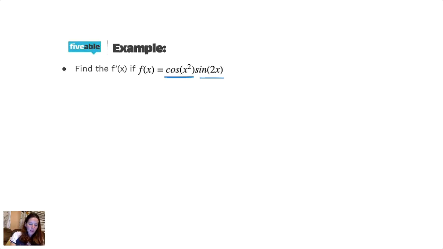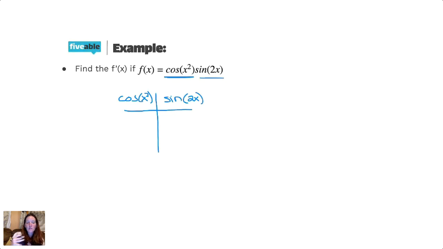So I'm going to set up my table. And I'm leaving a little more room on the bottom because I know I'm going to have some work to do in there. But I'm going to write my functions, cosine x squared and sine of 2x.